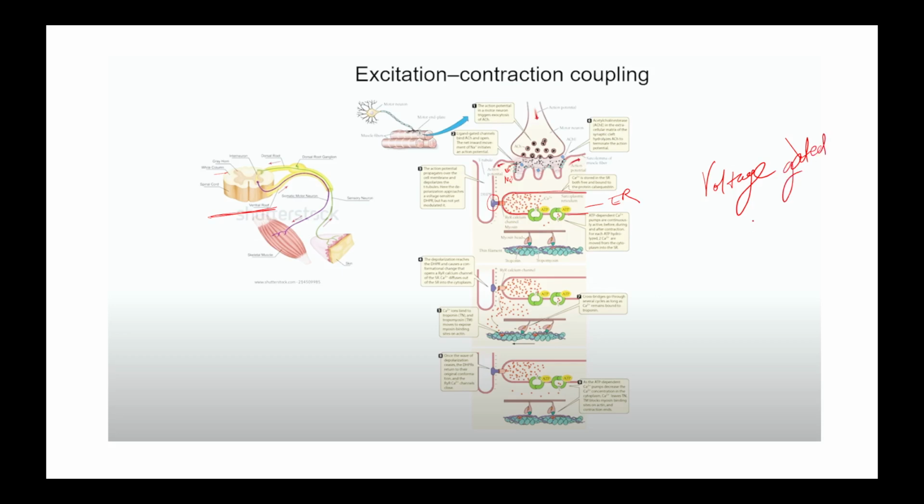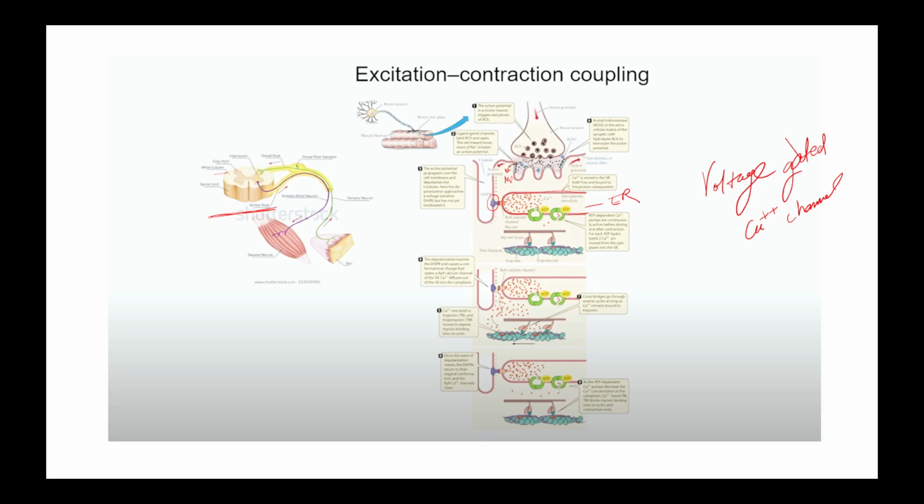This is also referred to as the dihydropyridine channel, DHPR, because this particular channel has an affinity for the DHPR molecule. That is why some people refer to it as a DHPR channel as well. This channel is linked to another channel, which is the ryanodine channel.